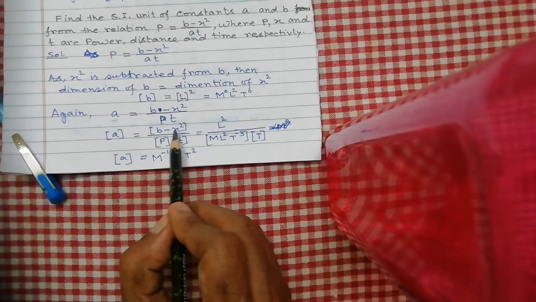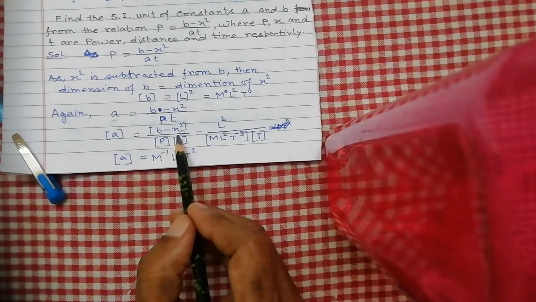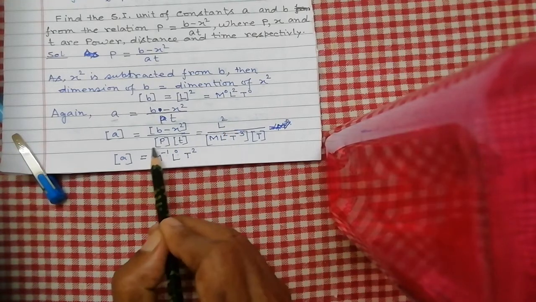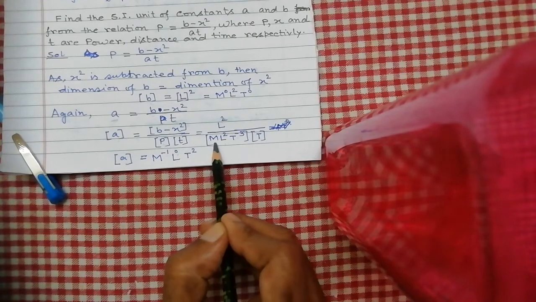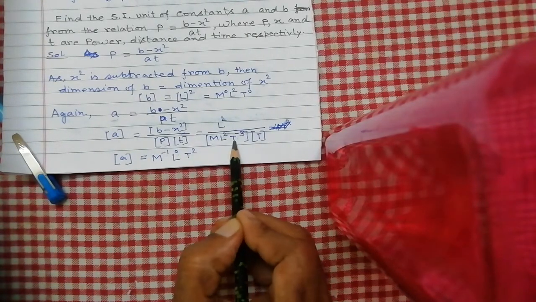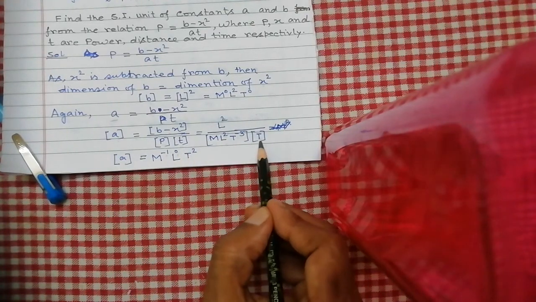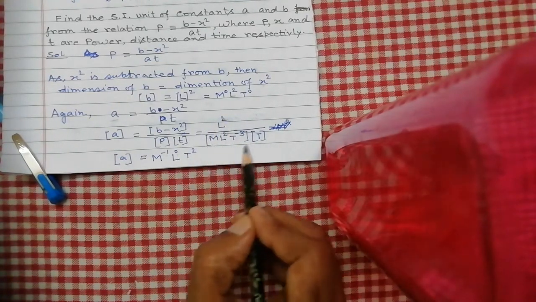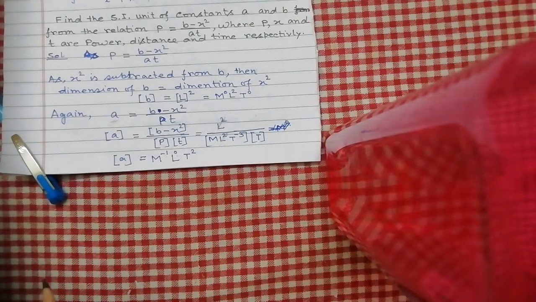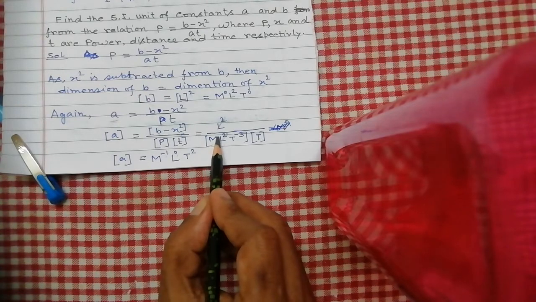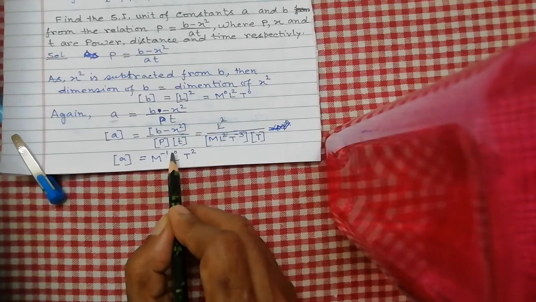The dimension of B minus x square, that means the dimension of B or the dimension of x square, is L square. The dimension of P, that means power, will be M L square T to the power minus 3, and T is time, so the capital T. Now simplify. Here the L square and L square are cancelled. The M in the denominator becomes M to the power minus 1. No L is there, so L to the power 0.